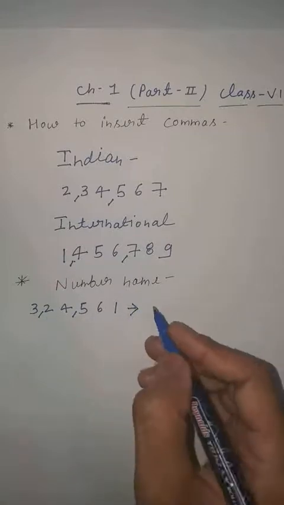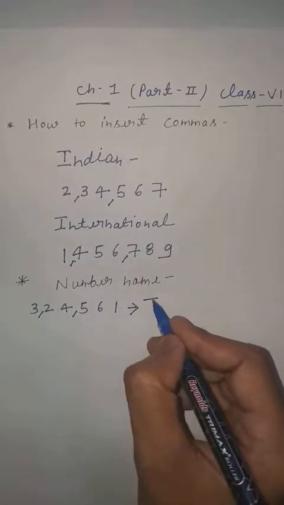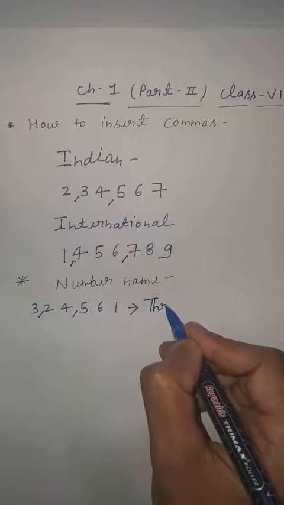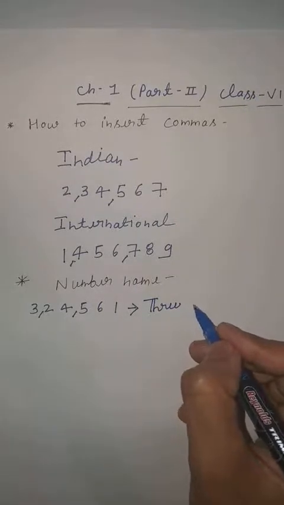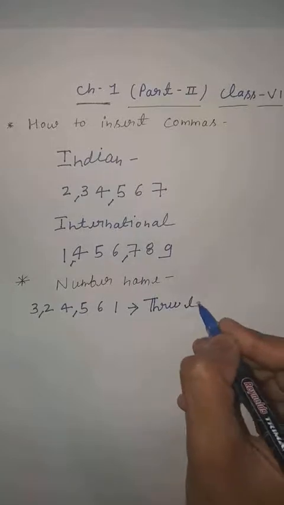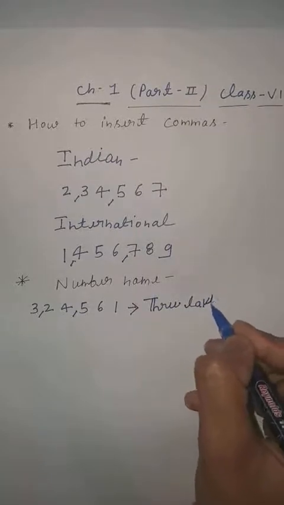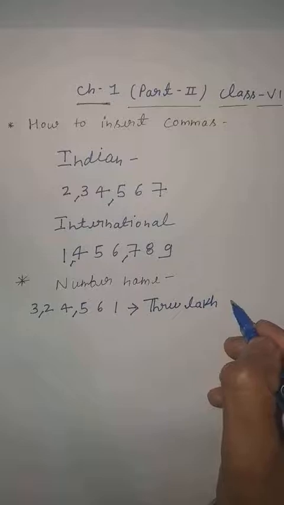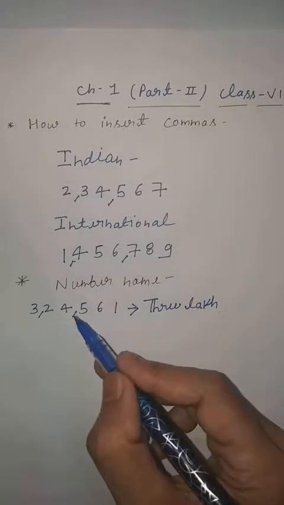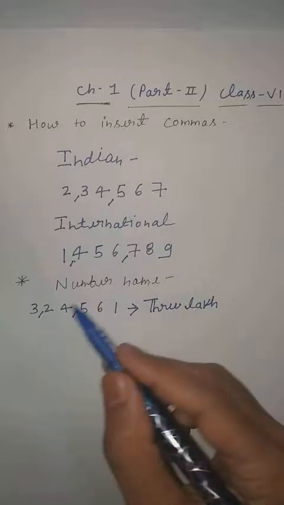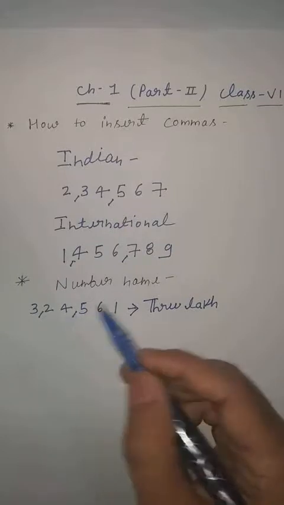So what will you write down? 3 lakh. Now after 3 lakh, again you will count ones, tens, hundred, thousand, 10,000, lakh. So this is 24,000.